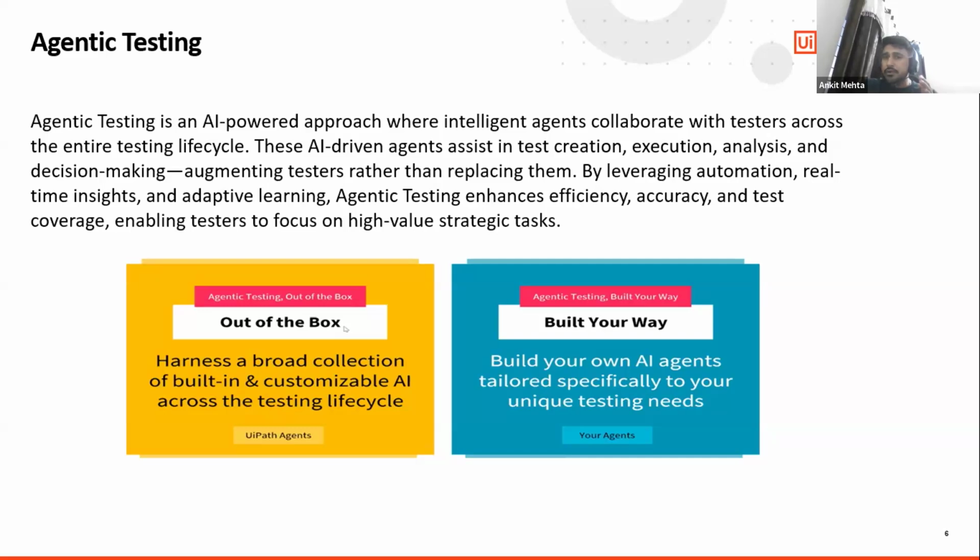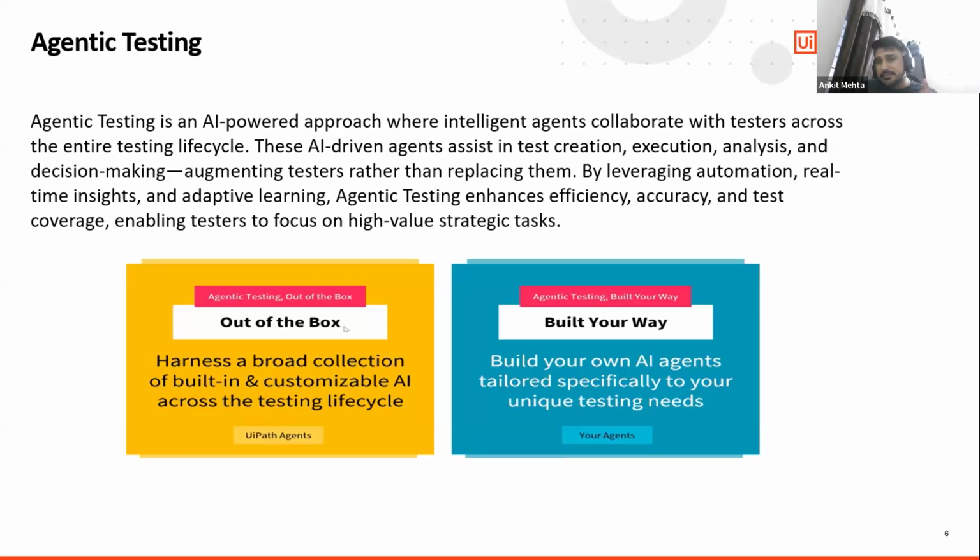UiPath has already given us these, so we can directly start writing whatever requirement we have and get it done with the help of out of the box agents. But sometimes the out of the box agents we already have cannot do what we are actually looking for, so we need custom agents. We can create our own custom agent with the help of Agent Builder.